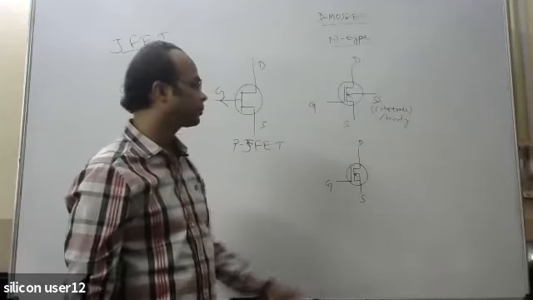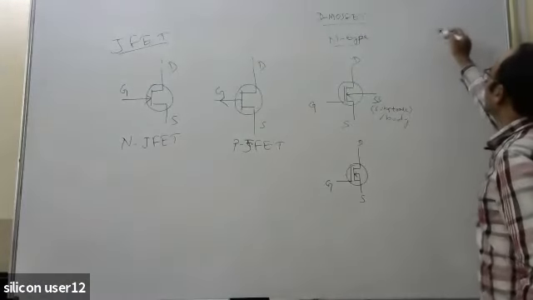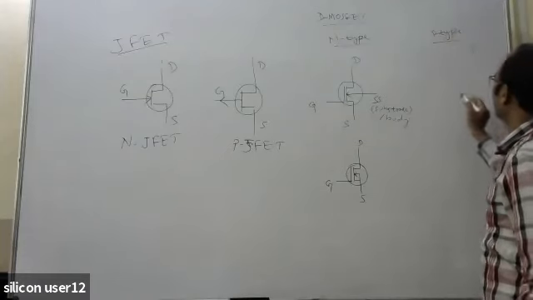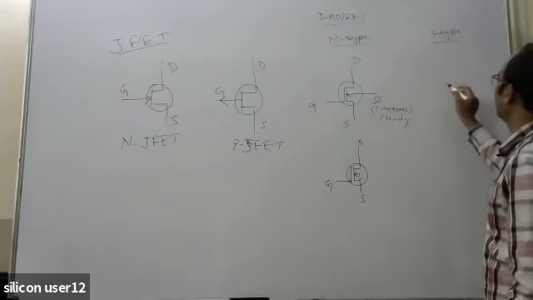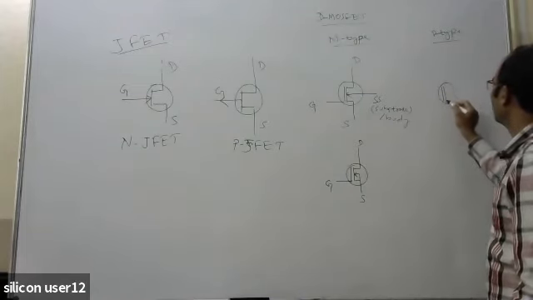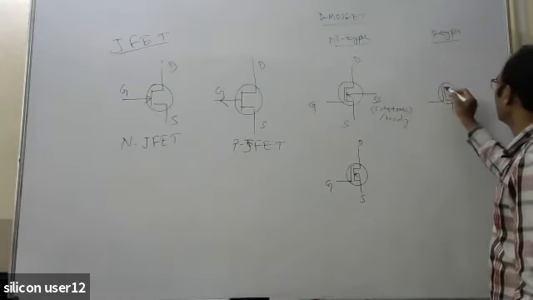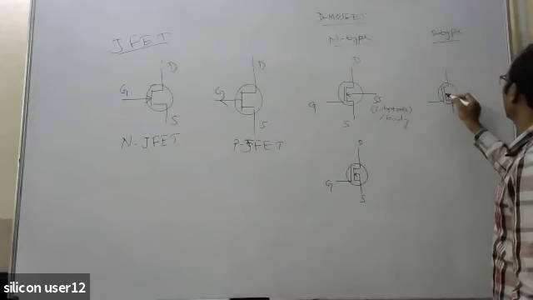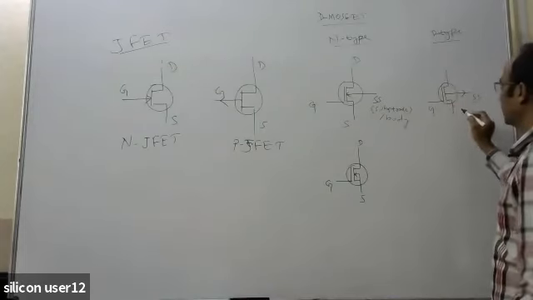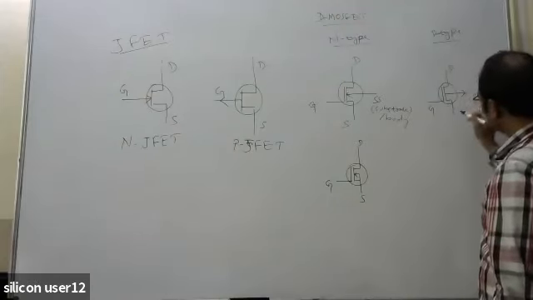And for the P type D MOSFET, just the arrow is outside, everything else is the same. Gate, drain and source.